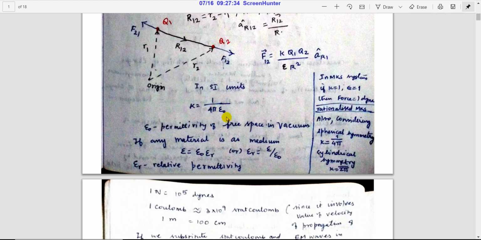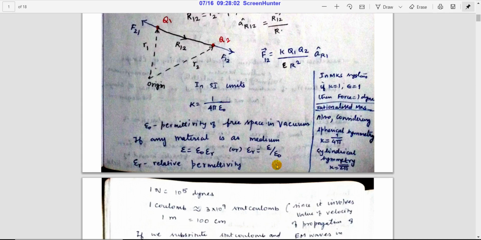How did this epsilon naught come? This epsilon naught is the permittivity of free space, and it can also be replaced with epsilon, that is epsilon naught into epsilon r, for a particular given material. What is the value of this epsilon naught? Because epsilon r is medium dependent, while epsilon naught is a constant.